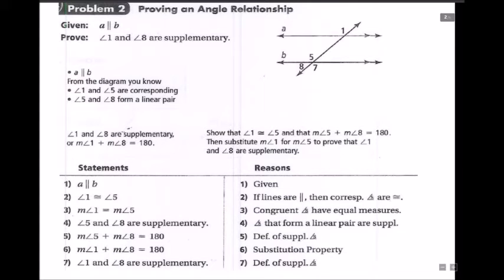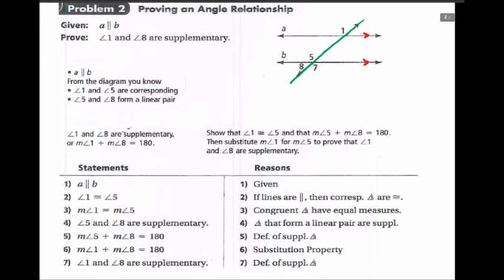What are we given? We are given A is parallel to B, and that makes us very happy. And if you like, I always recommend it, mark your transversal, because then you can see how the angles relate to each other, right? They're all lying on that transversal. We want to prove that angle 1 and angle 8 are supplementary.